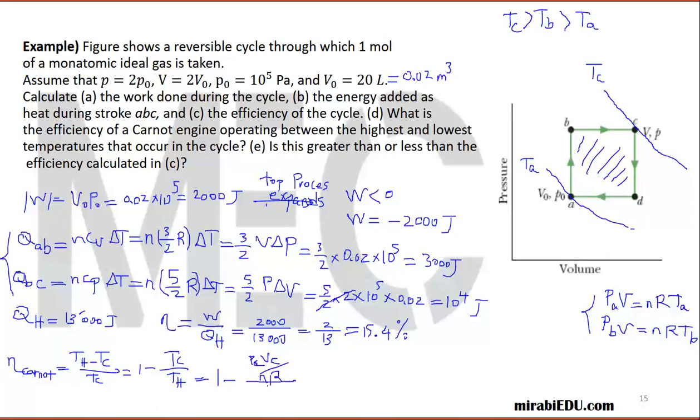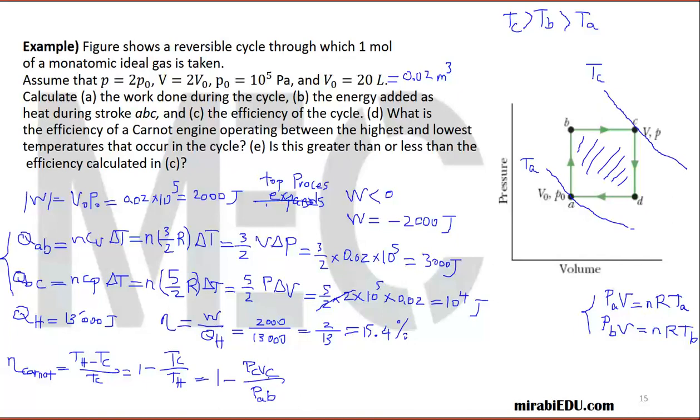The number of moles are all the same, so dividing the two temperatures, I can neglect the nR in the denominator. I want to write everything in terms of pressure and volume. That's why I rewrote it as this.